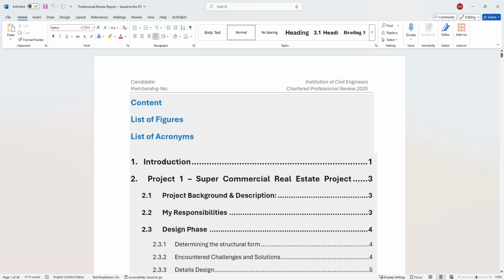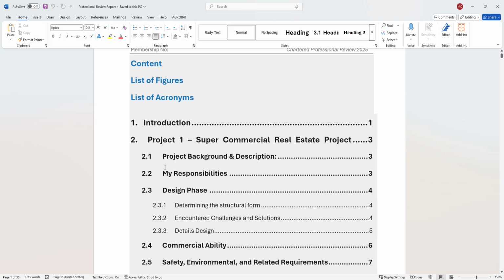So, introduction. The introduction just basically gives a history of the candidate's career. Project 1 lists the title of Project 1, so Super Commercial Real Estate Project. Section 2.1, background and description. Section 2.2, your responsibilities. And then when you go to section 2.3, this is when it starts to talk about the technical and managerial aspect.